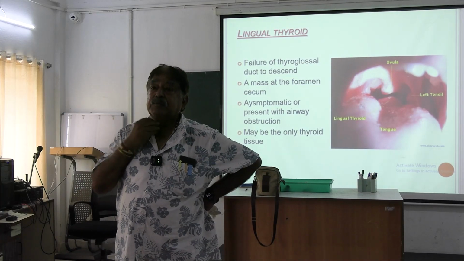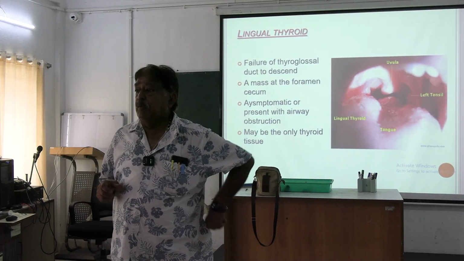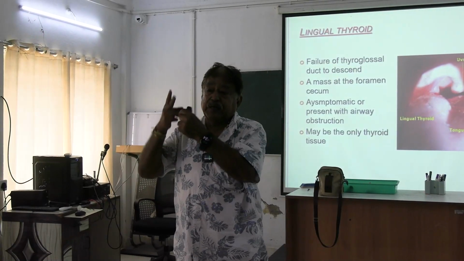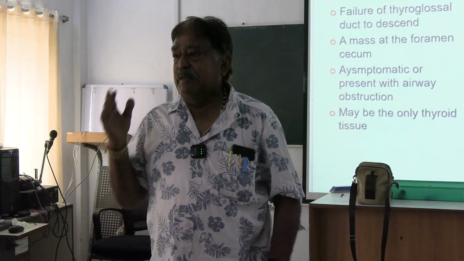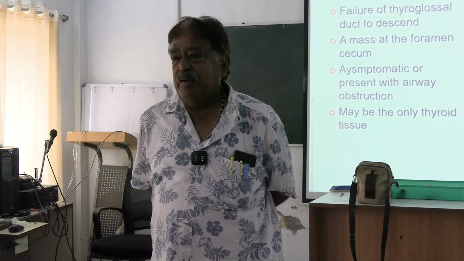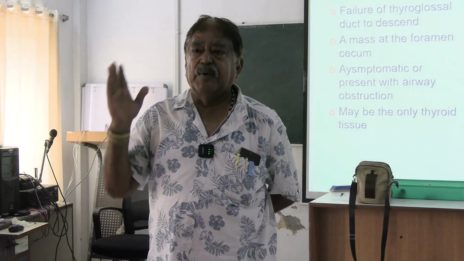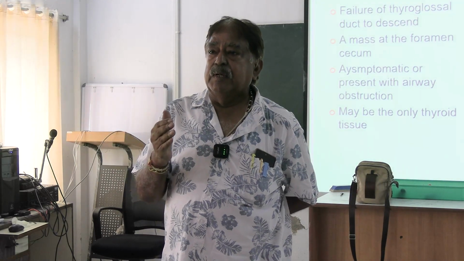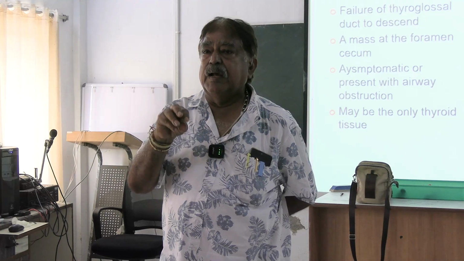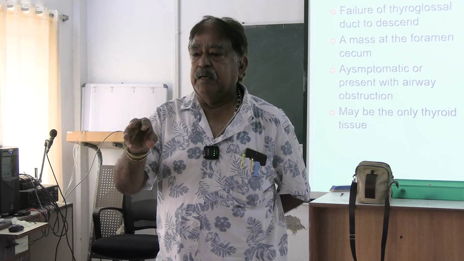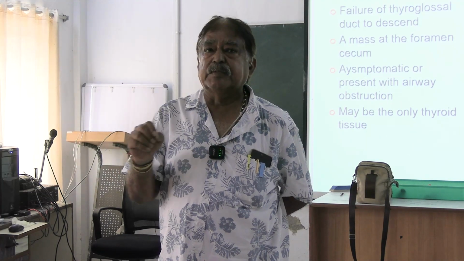Now, you see a swelling, you become over enthusiastic, you cut it off. Then blunder. So you have to always keep in mind that you have to diagnose anatomically, you have to think and then refer to your surgeon.